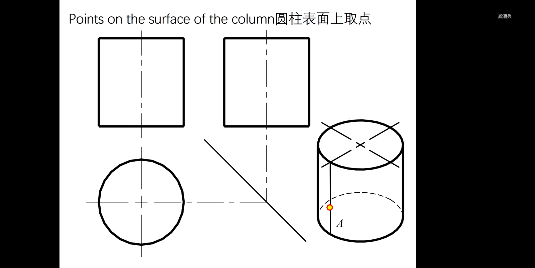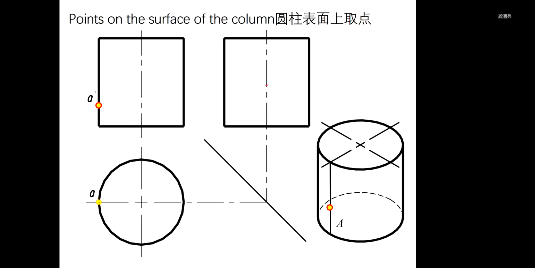Here, you look at A, on the outline, on here. So this is a spatial point, because A is on the outline, the outer limit line. So A should be here. Because A is on the limit line, where is A?